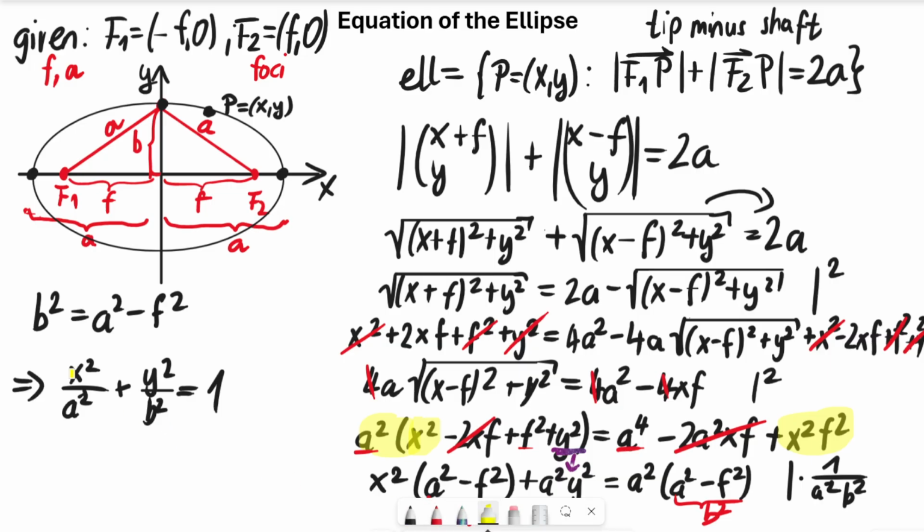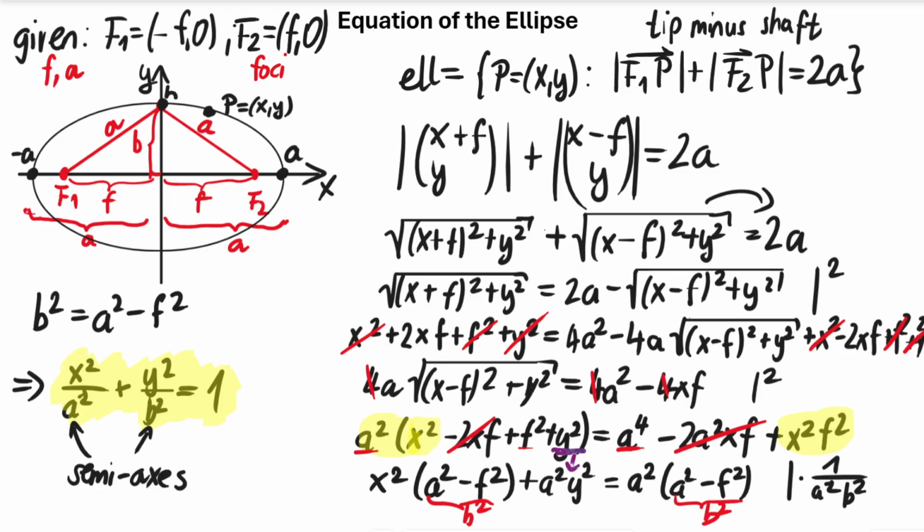So the most simple available representation. And these variables, a and b, they have special names. They are called semi-axes. And you see here the a is the intersection with the x-axis, in this case minus a, plus a.